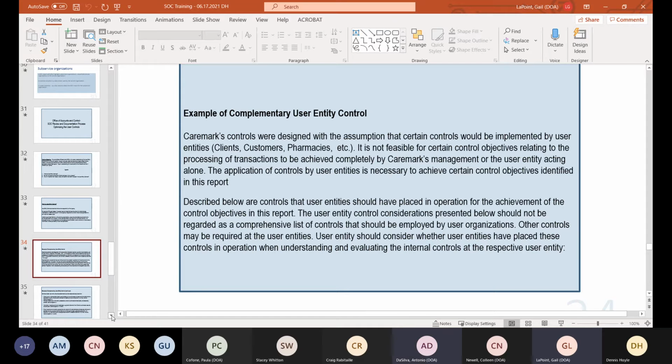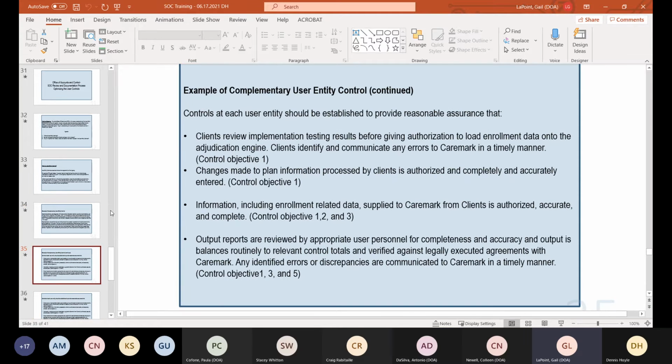We're going to go through what user entities have been placed in operation for the achievement of the control objectives in this report. The user entity control considerations presented below should not be regarded as a comprehensive list. There's always more.